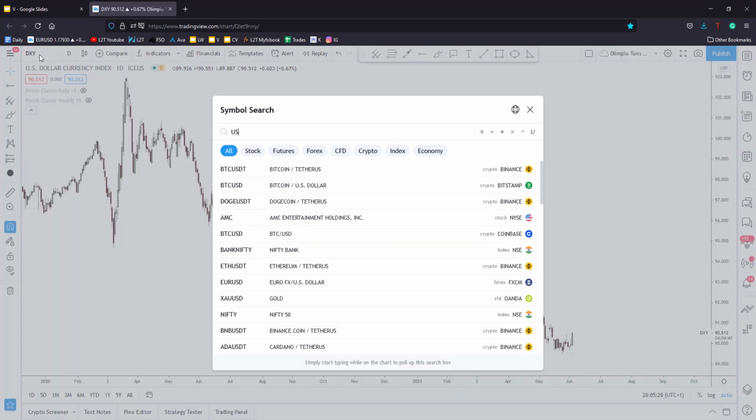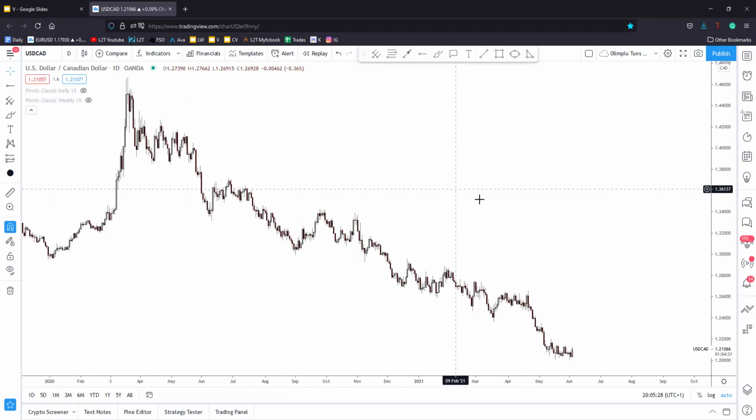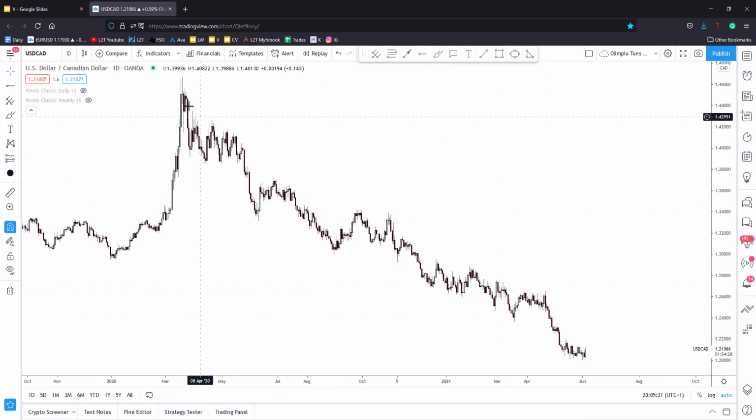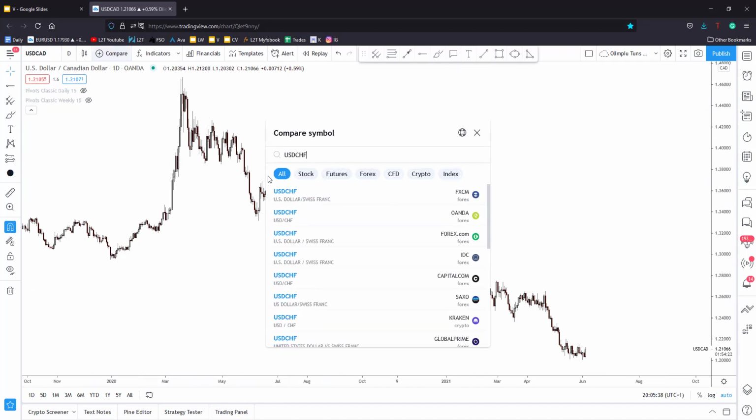And also, let's take another example, US dollar versus the Canadian dollar. So you can see here that we have an important downtrend on the daily, and let's compare it maybe with the US dollar versus the Swiss franc, guys.